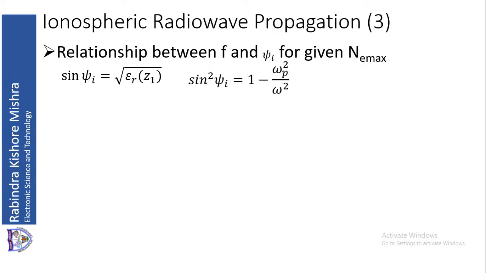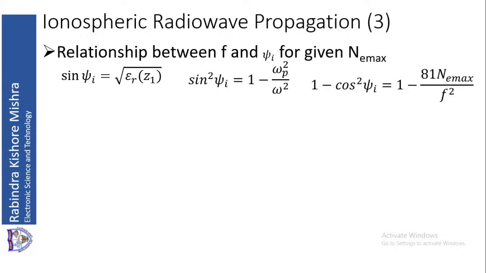Now from that you can say that sin psi i is equal to root over of 1 minus omega square p by omega square, epsilon r, which we have already seen. Now let us put sin square psi i as 1 minus cos square psi i.